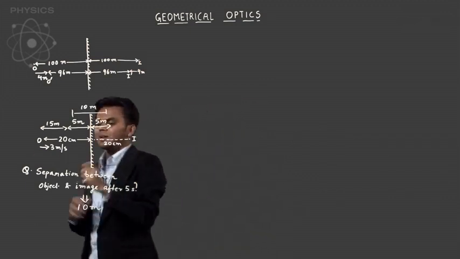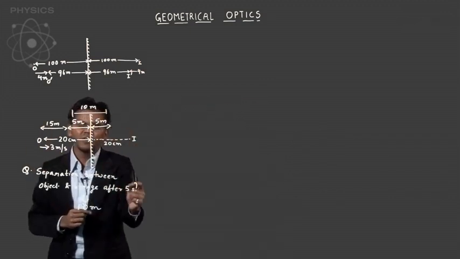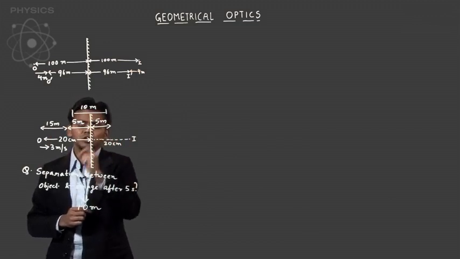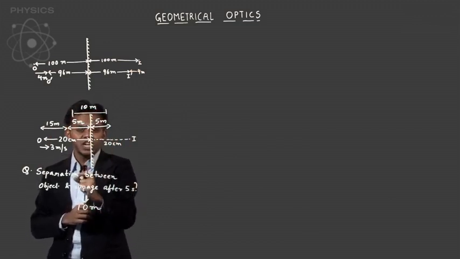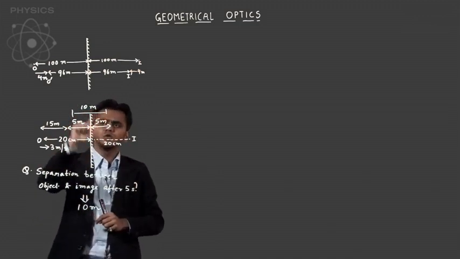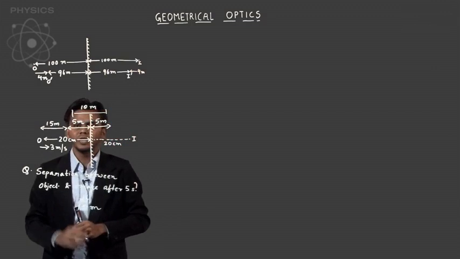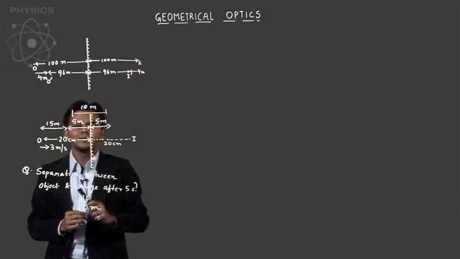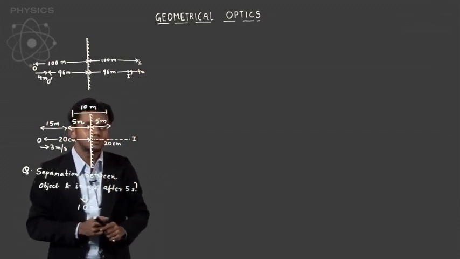So over here 3 plus 3, 6, 6 into 5, 30. So 30 is the change in my separation. My initial separation was how much? 40. So 40 minus 30 gives you 10, which is the answer. So you can do it by either method and you'll arrive at the same answer.